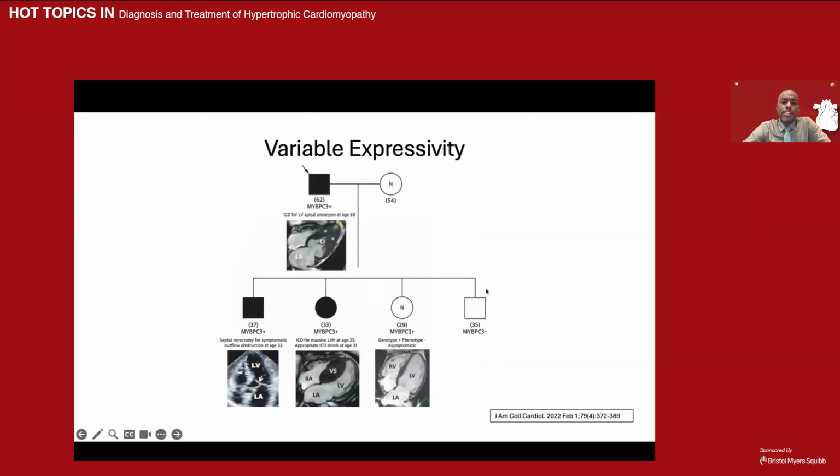The thing to keep in mind is that there's significant variable expressivity, meaning the same mutation in the same family can cause a completely different phenotype.